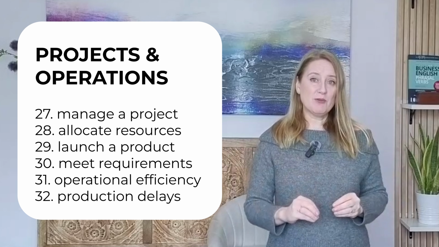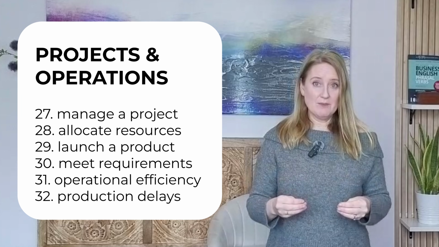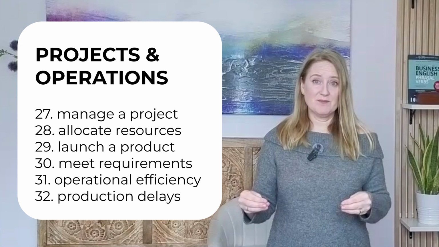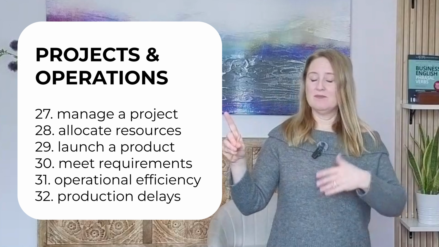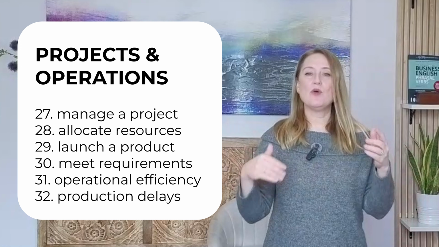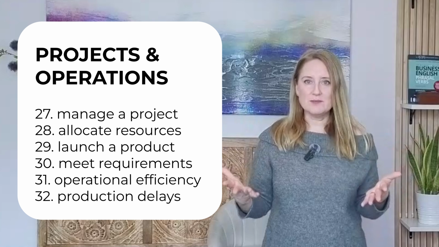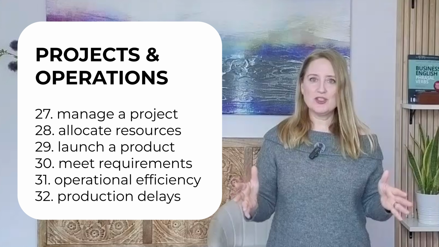Next one is operational efficiency. Efficiency means you're not wasting time, effort, or resources. You're hitting your result by not wasting any resources. So operational efficiency means you operate like a well-oiled machine. You're not wasting time. Things don't take longer than they should.